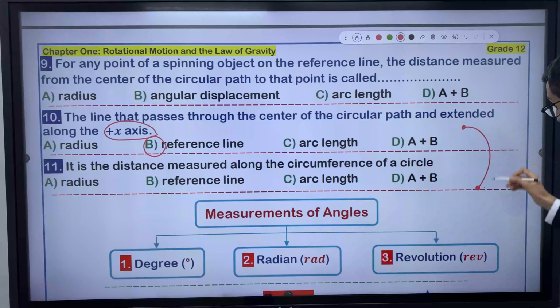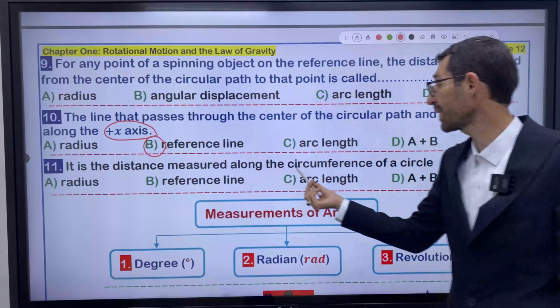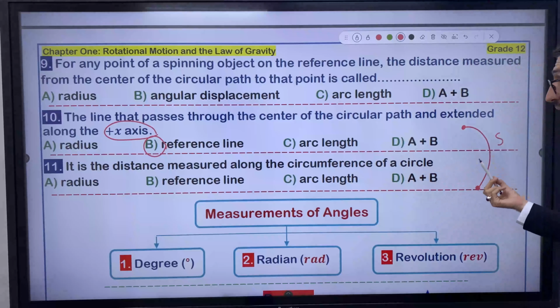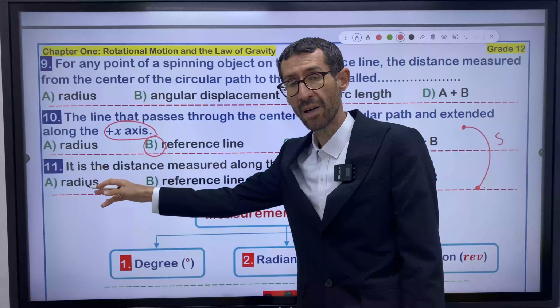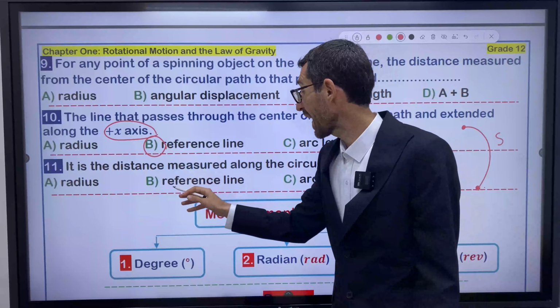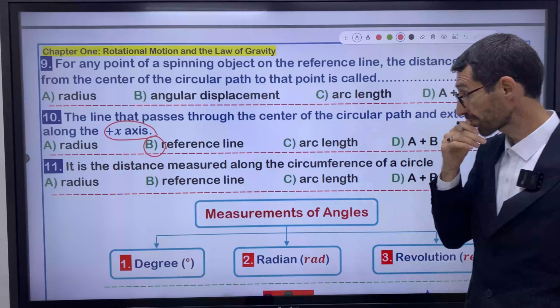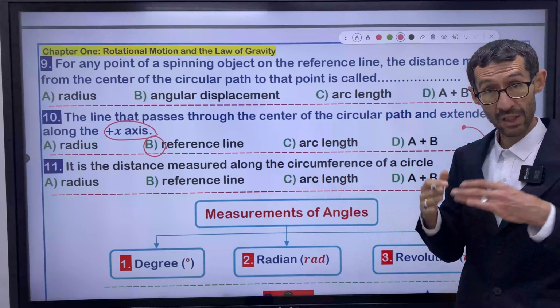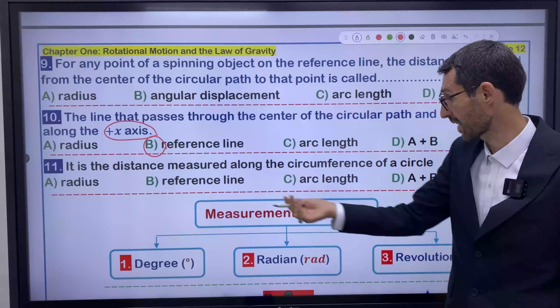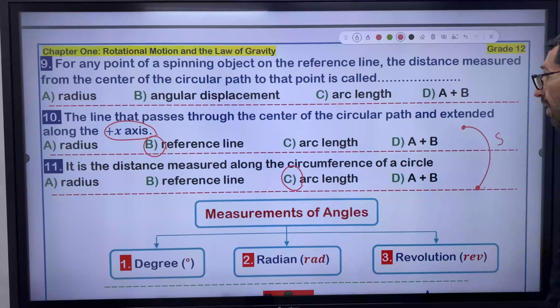This curved path or this route is called arc length. So it's a distance measured along the circumference of a circle. Is it radius? It's not radius because radius is a straight line. It can't be reference line because reference line is a straight line as well. It's a positive x-axis. So arc length is the answer.